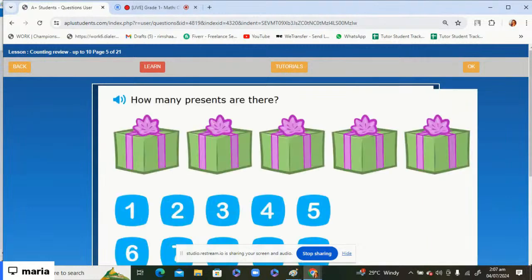Okay, so how many presents are there? Now you guys count it and then tell me in the chat. Do it fast. Count it, you all. How many of it total? Yes, count it.